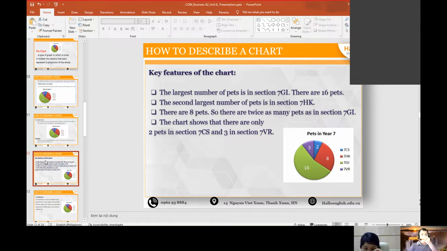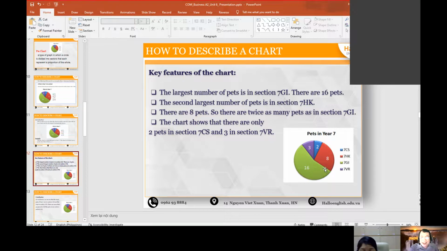Look at this one. So how to describe a chart again? So we have the key features of the chart. Number 1, the largest number of pets is in section 7GA. There are 16 pets.